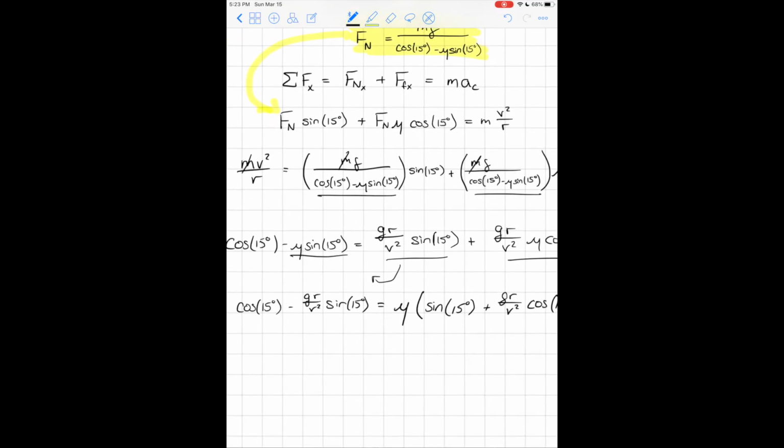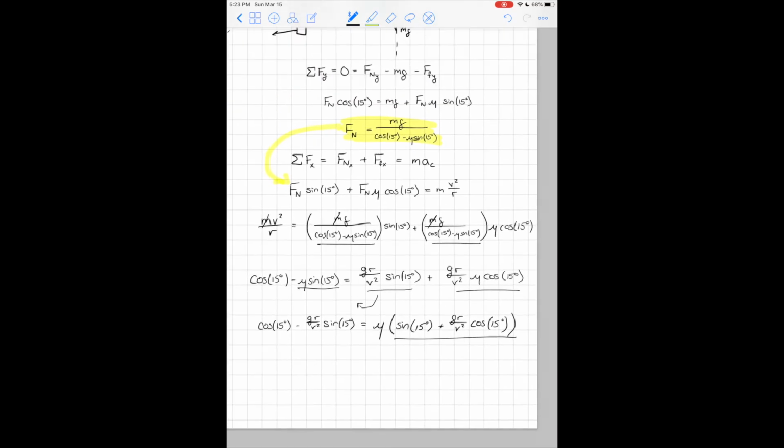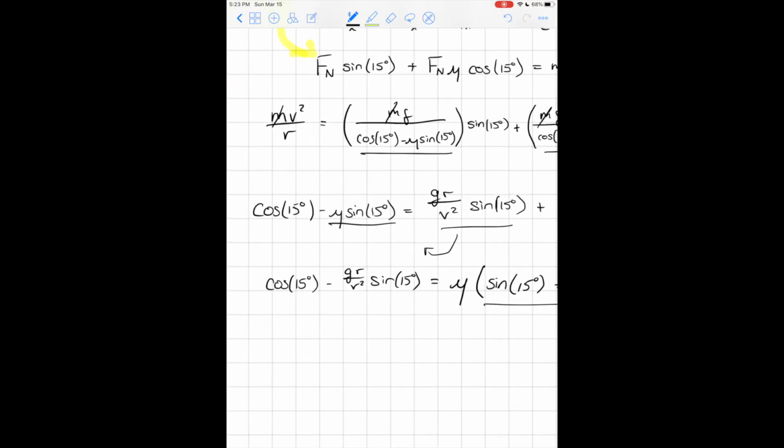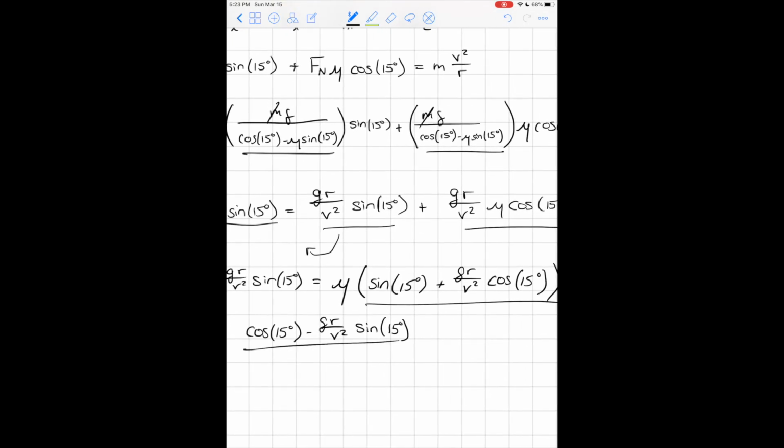And then all that's left to do is to divide both sides by this term. One last step, mu equals cosine of 15 degrees minus g r over v squared sine 15 degrees, all over sine of 15 degrees plus g r over v squared cosine 15 degrees.